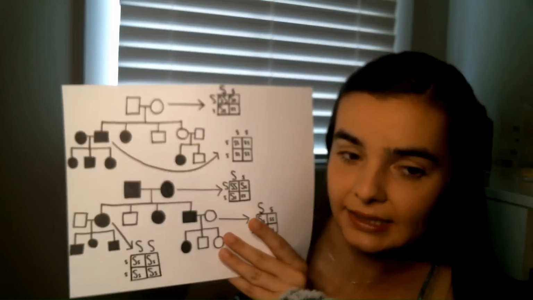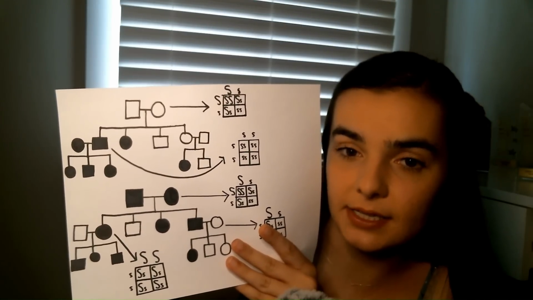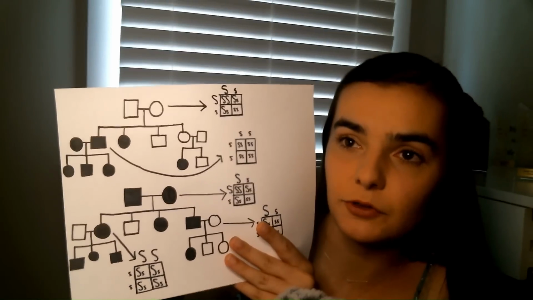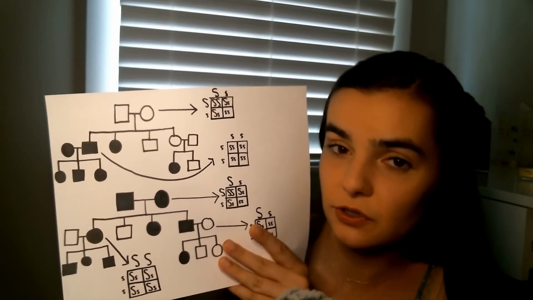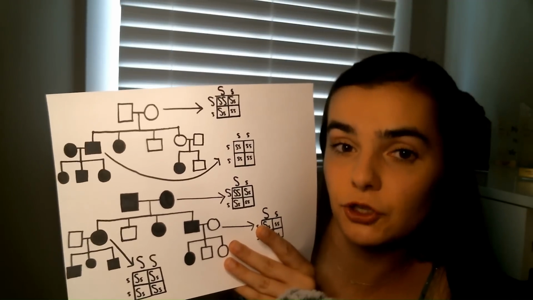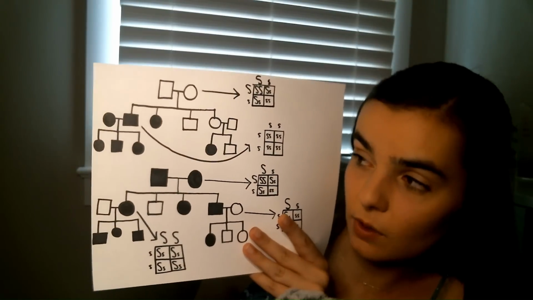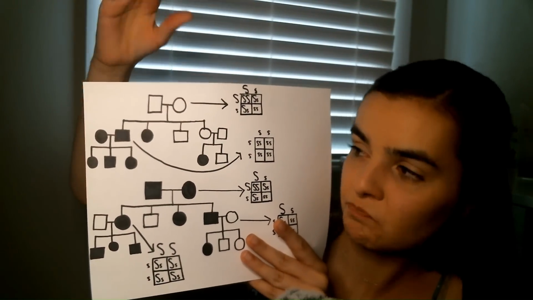So immediately, that signals that we are looking at a recessive disease, because like I showed, you can have 2 parents that are both carriers, so they don't have the disease, but they have children that do get the disease. So that's what we are looking at up here, a recessive pedigree.